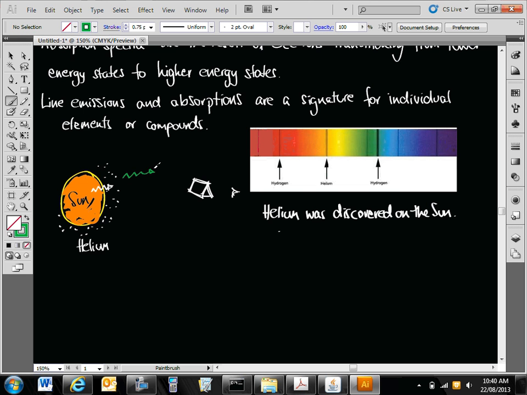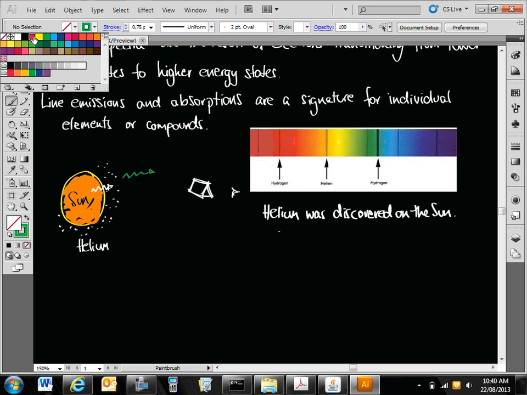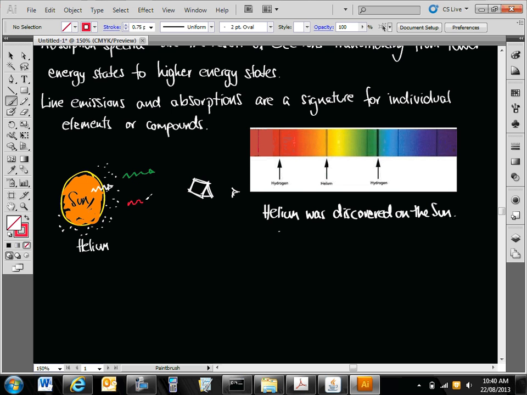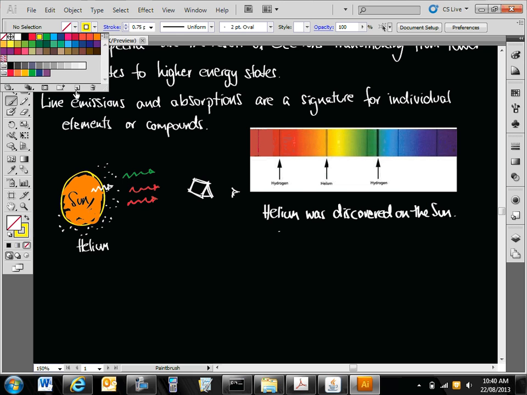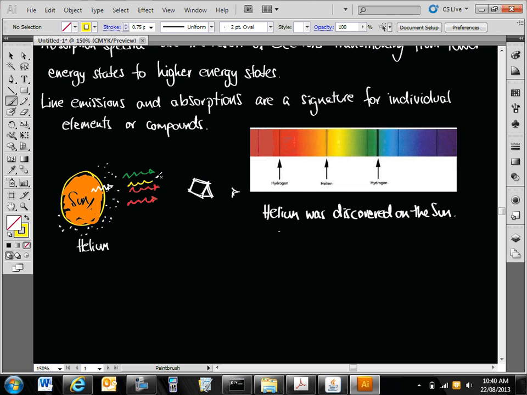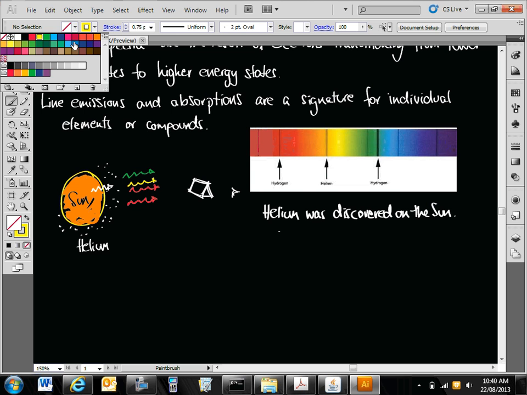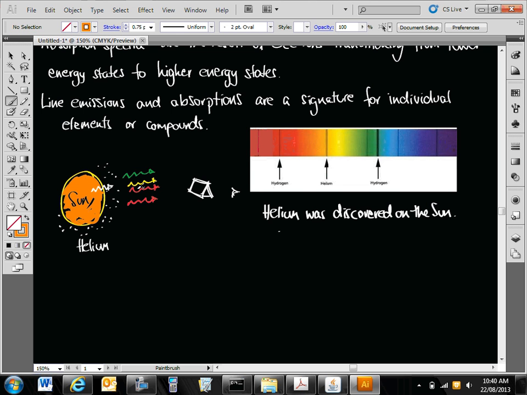The green was there, the red was there, the yellow was there, more red was there, blue was there, but a very specific wavelength of orange was missing because the helium had absorbed it and caused a lot of it to scatter. Okay.